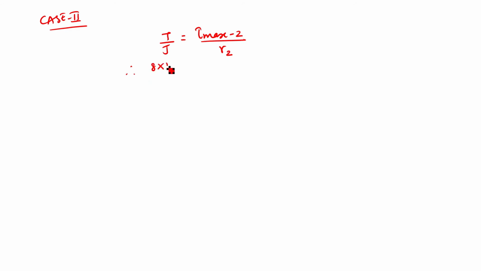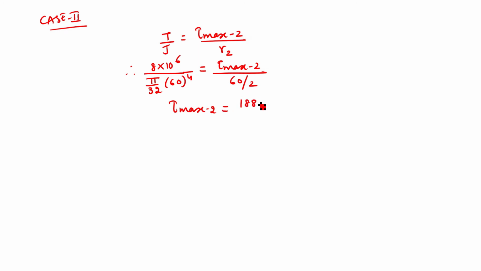T is same. J is pi by 32, 60 raised to 4, is equal to tau max 2. For R I have 60 by 2. When I solve this, I get the value of tau max 2 as 188.628 Newton per mm square.